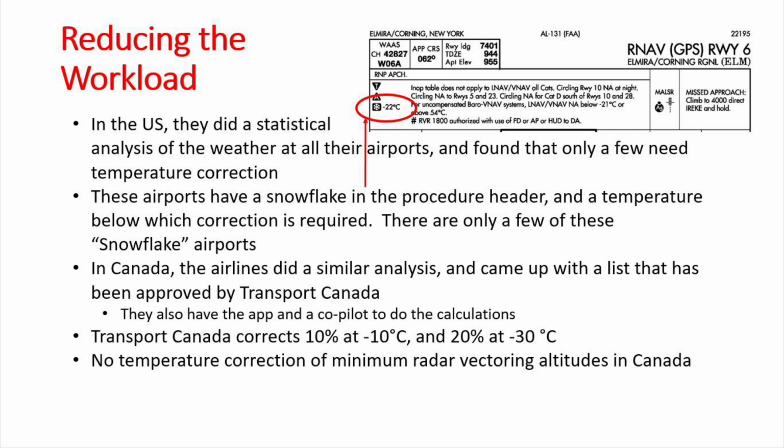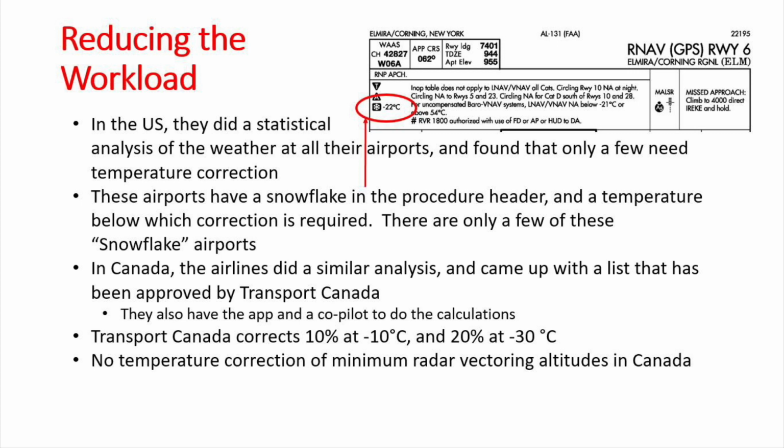In Canada, the airlines did their own similar statistical analysis and got Transport's approval for a similar approach. And they have a co-pilot and an app to do a lot of the work. Even Transport Canada teaches their pilots a shortcut.